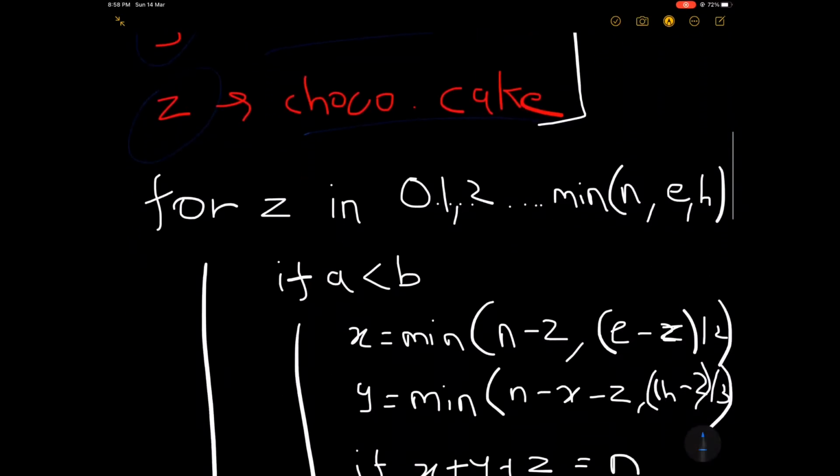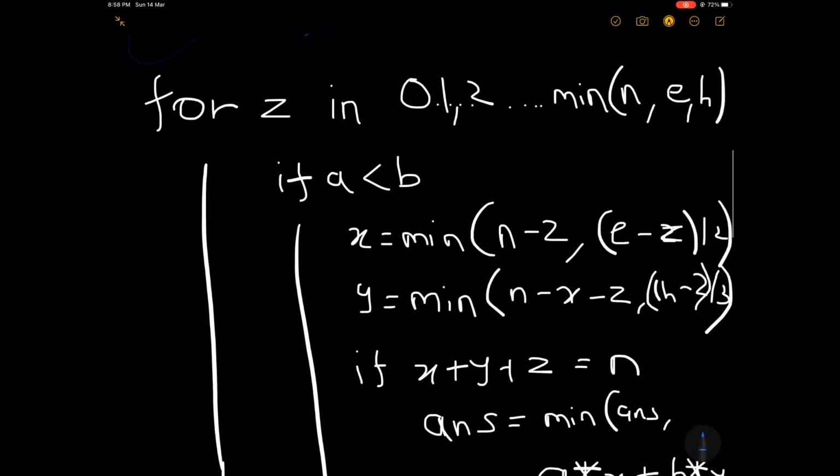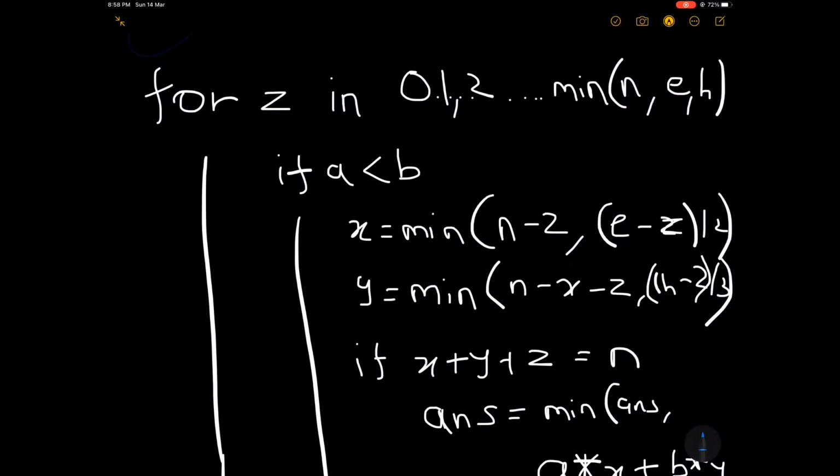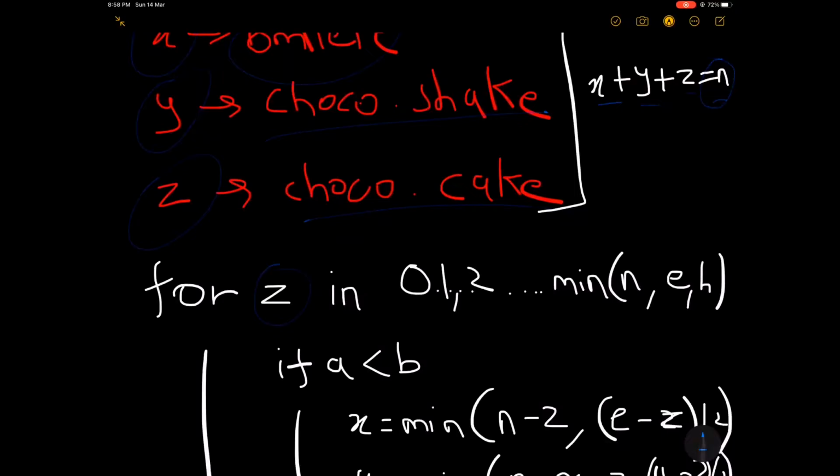So now let's go to the answer. We assume z, and we'll iterate z over 0 to minimum of n comma e comma h. Why this minimum of n comma e comma h? If there are fewer people and more quantities, we'll iterate over n.